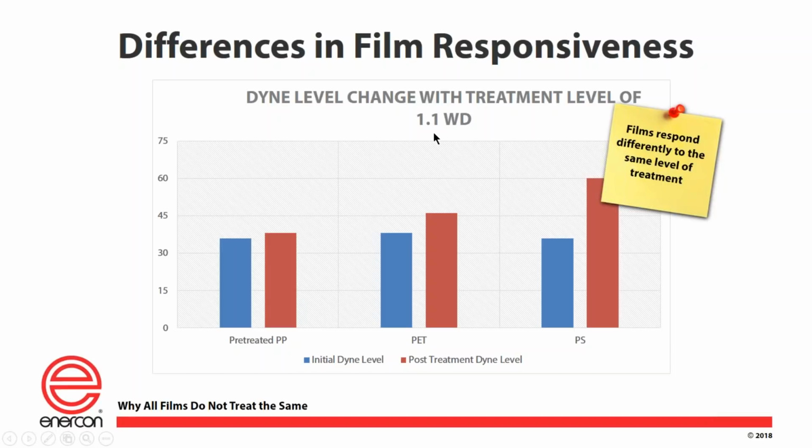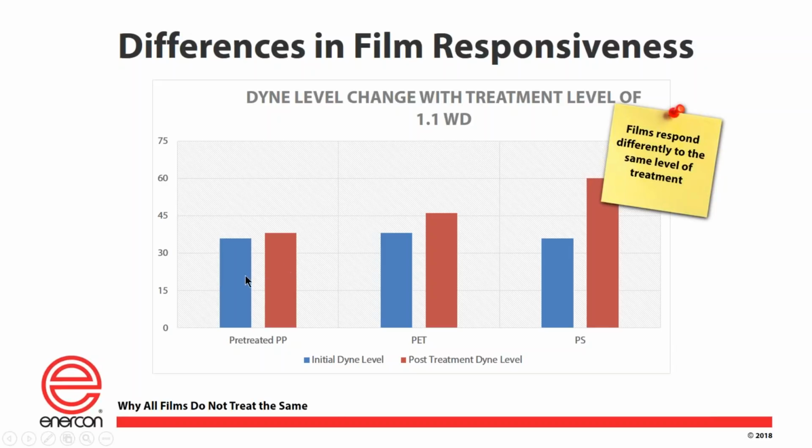Our first example on the slide is pre-treated polypropylene. It starts at an initial dyne level of, let's say, 30 dynes or less. In all these cases, we're going to apply a watt density of 1.1 watts per square foot per minute to each of these films. The power that we're applying is the same. Same corona treater style, same power.